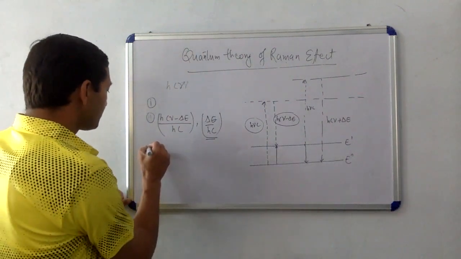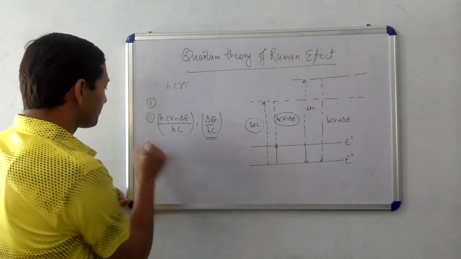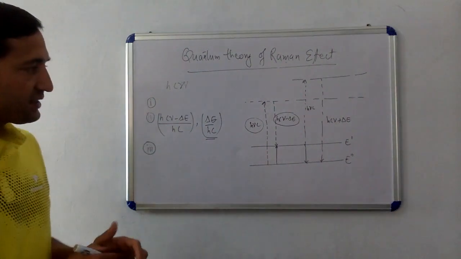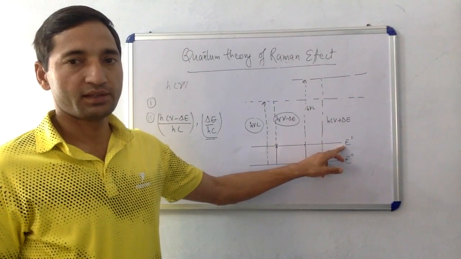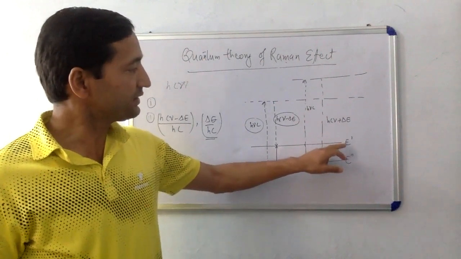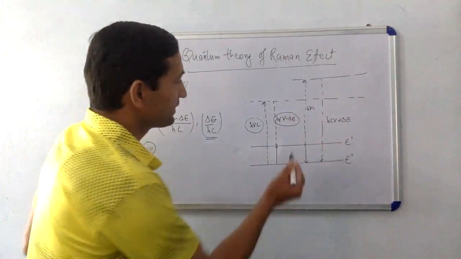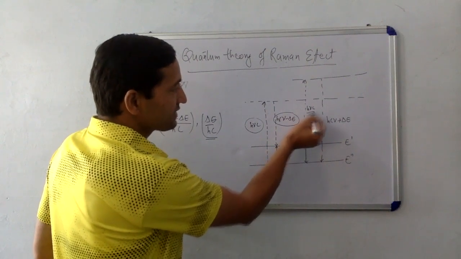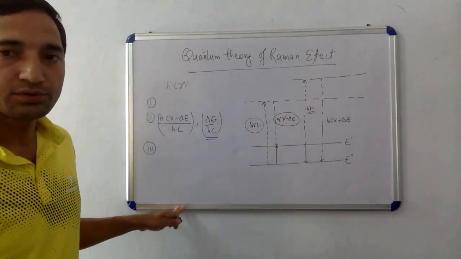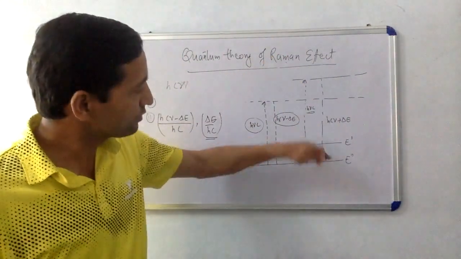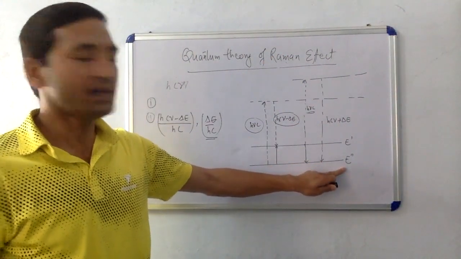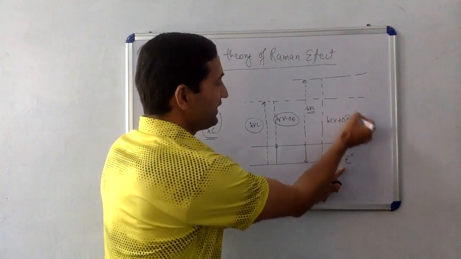Now the third case is that suppose your scatterer is already in an energy state of E prime. If it is already in E prime and it takes the energy hc nu from the photon and de-excites to E double prime, then this energy is adding up.